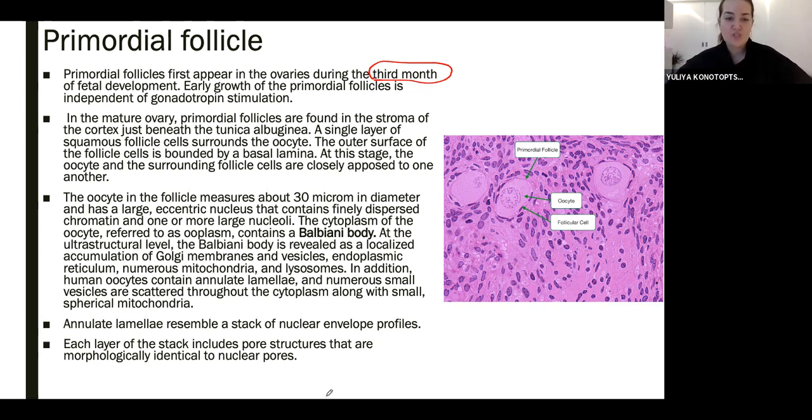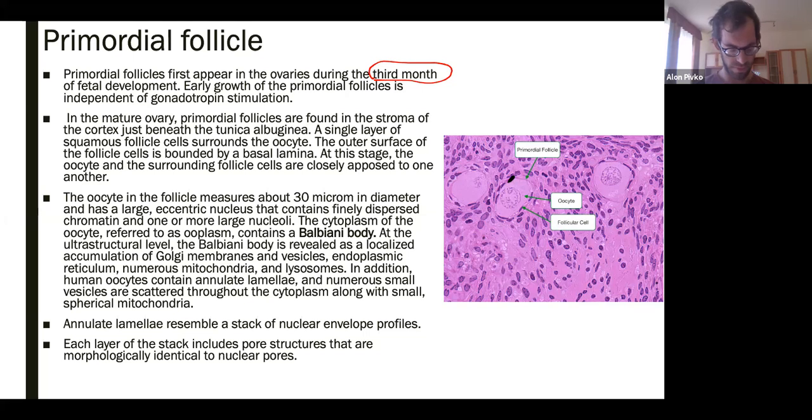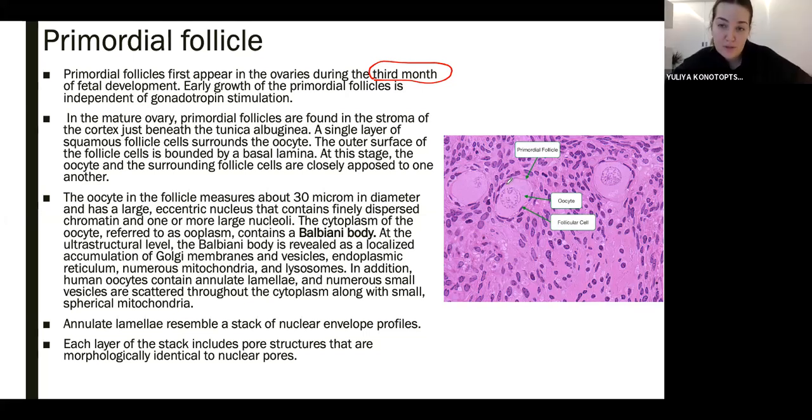So I repeat, we start the process at the 5th week, but you actually see individual follicles at the 3rd month of fetal development. What does the primordial follicle consist of? It consists of the oocyte surrounded by follicular cells. What is the shape of these follicular cells? They are simple squamous. So in the primordial follicle, the follicular cells are simple squamous.